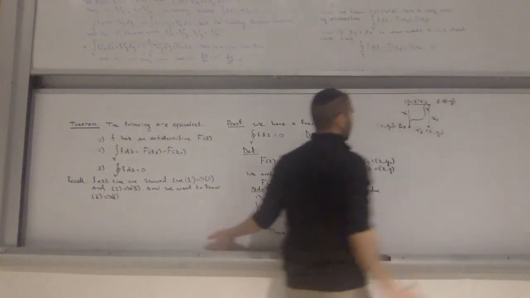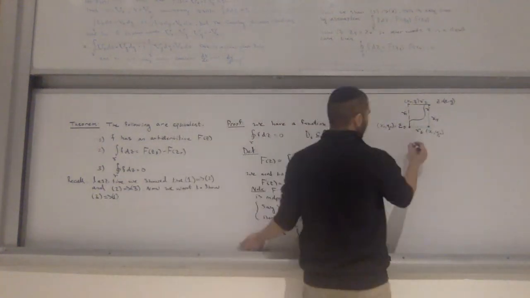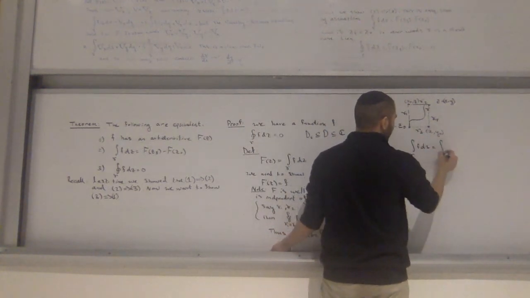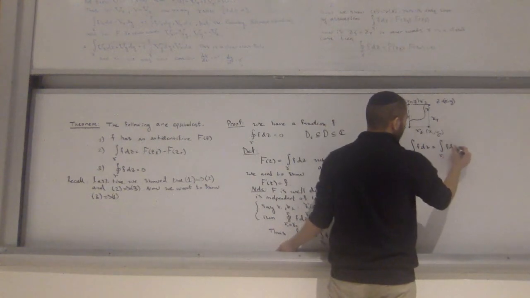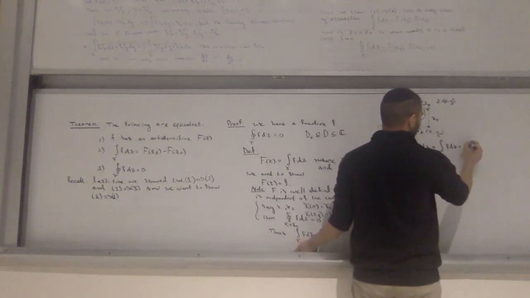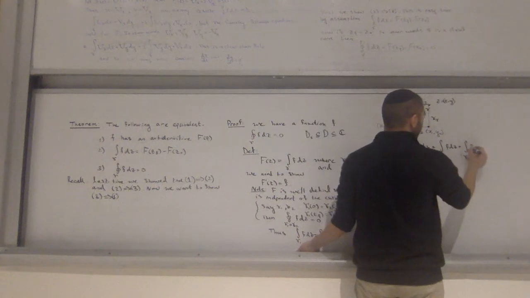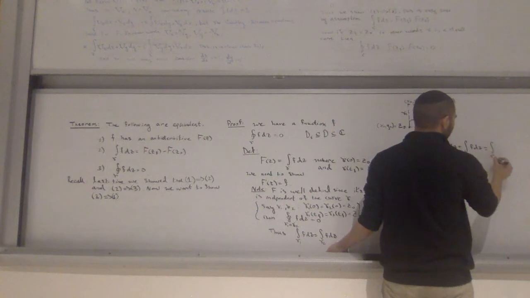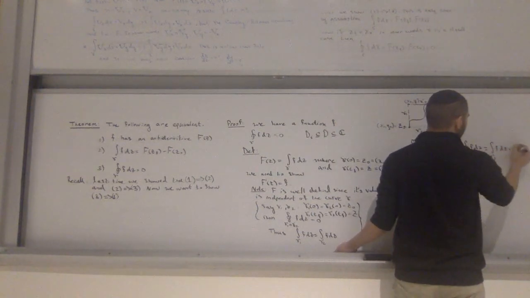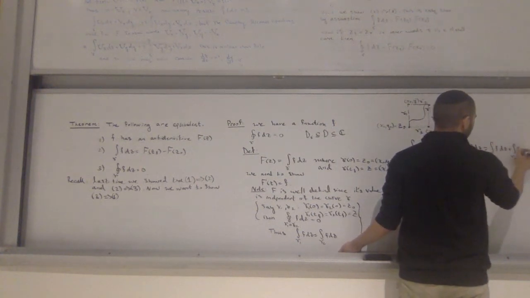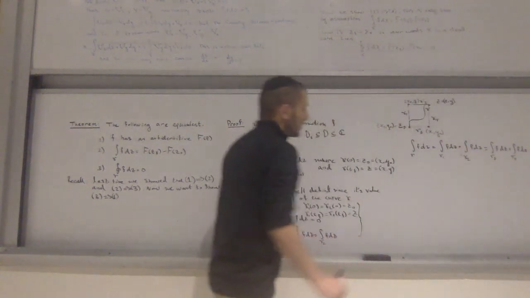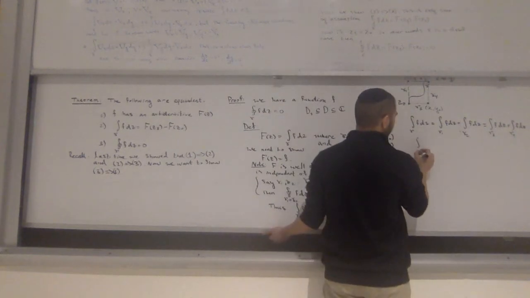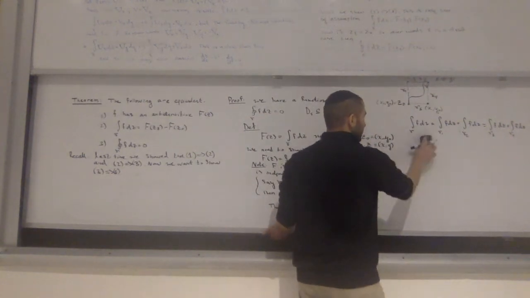By assumption, the integral along gamma of f dz is equal to the integral along gamma 1 of f dz plus the integral along gamma 2 of f dz, and this as well is equal to the integral along gamma 3 of f dz plus the integral along gamma 4 of f dz. Okay, now what are all these? Let's just rewrite the equivalence.